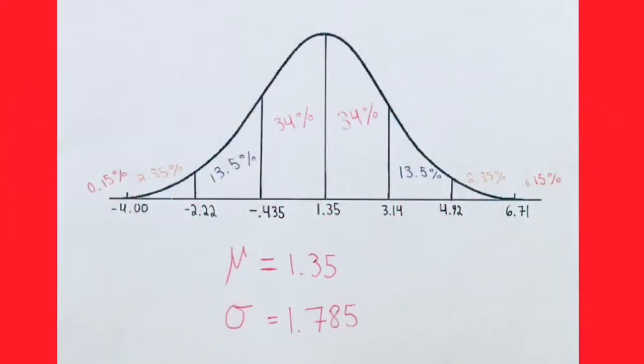Using the mean, standard deviation, and empirical rule, which states that one standard deviation from either side of the mean is 68% of the data, two standard deviations from the mean is 95% of the data, and 3 standard deviations from the mean is 99.7% of the data, we were able to create a bell curve or visual representation of normal distribution.